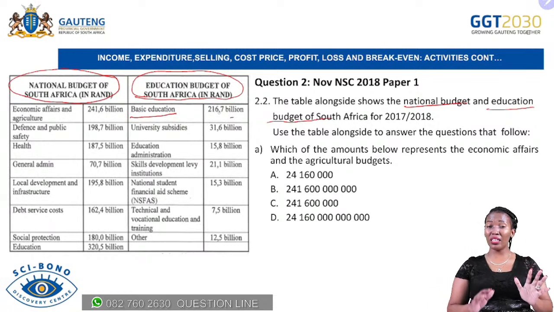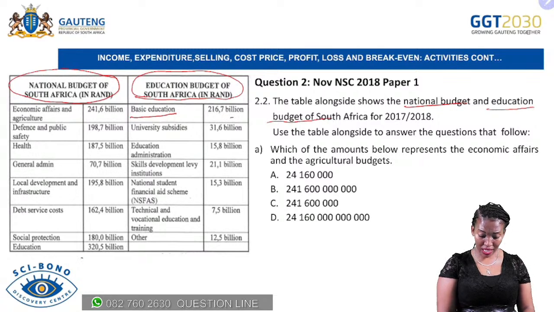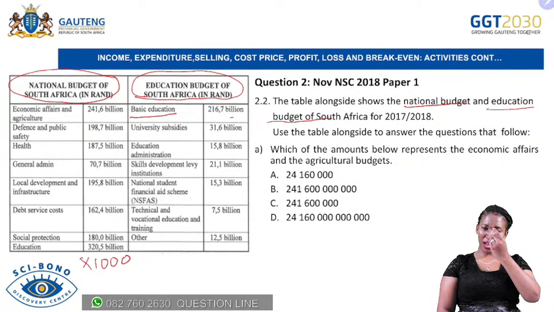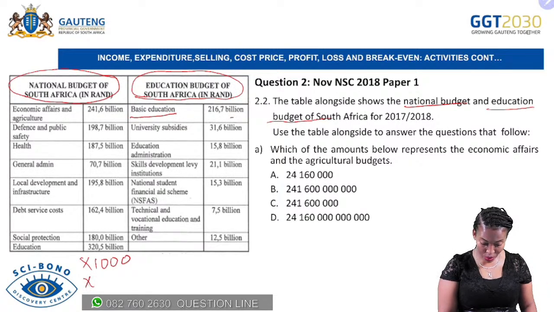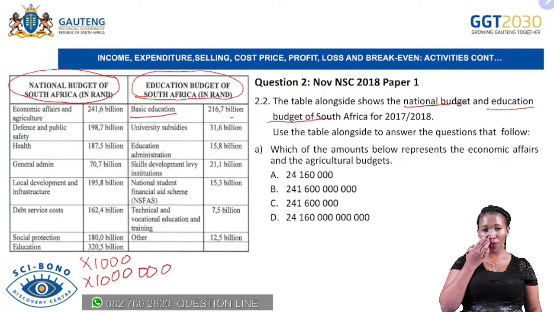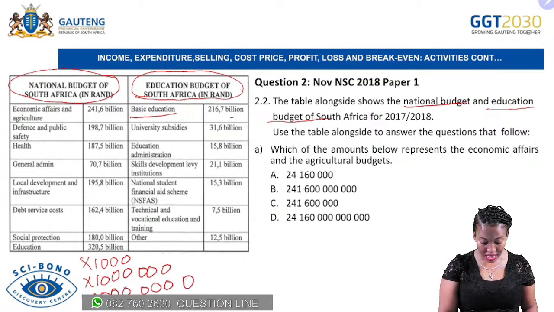So already now in grade 12, you should know that when they say thousands, you must multiply the answer that you get by 1 with 3 zeros. When they talk about millions, you multiply with 1 and 6 zeros. If they talk about a billion, 1, 2, 3, 4, 5, 6, 7, 8, 9 zeros. When they talk about a trillion, 12 zeros.